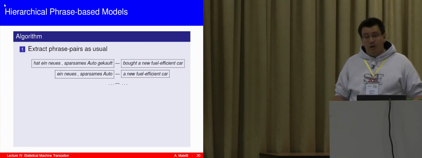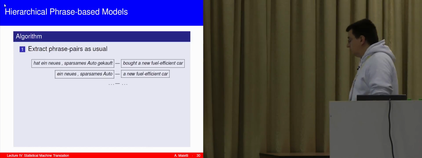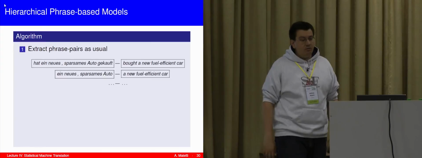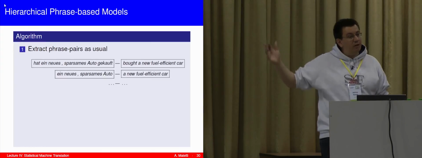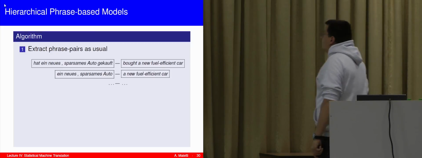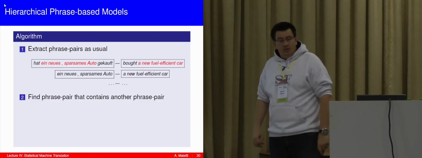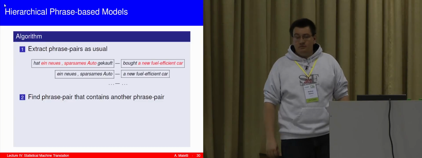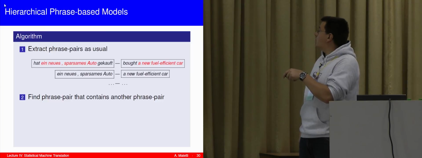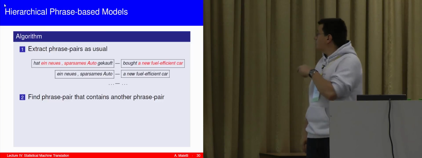Okay, so how do you get the rules for this? Well, you do the thing as usual. You do what you do anyway. You extract consistently aligned phrase pairs, just like before. And now what you do is you try to find a phrase pair that contains another phrase pair. Like here, this phrase pair is contained here: "ein neues sparsames Auto", "a new fuel-efficient car".